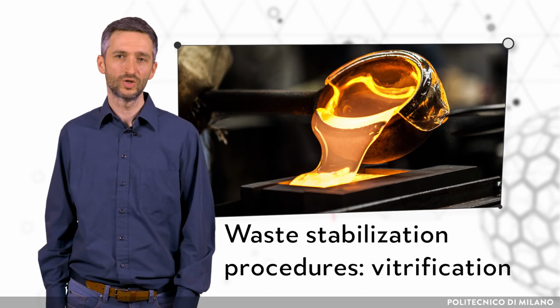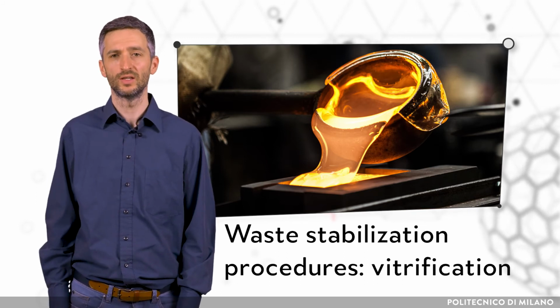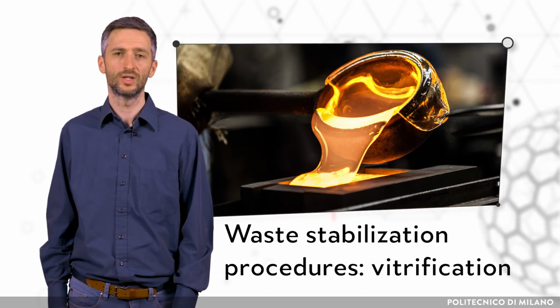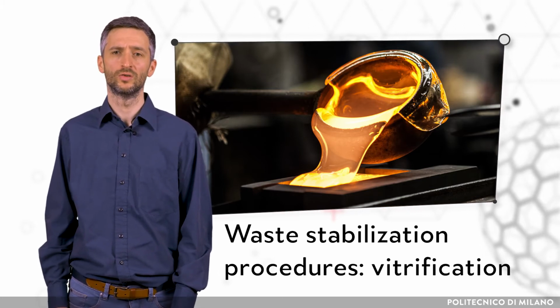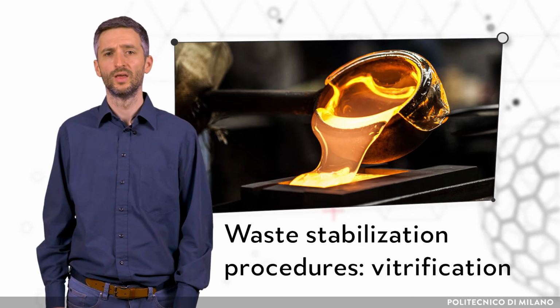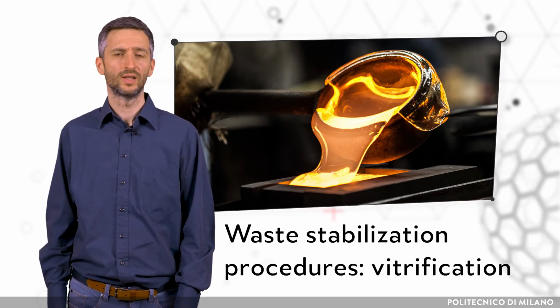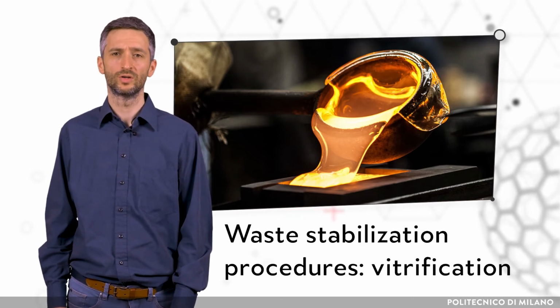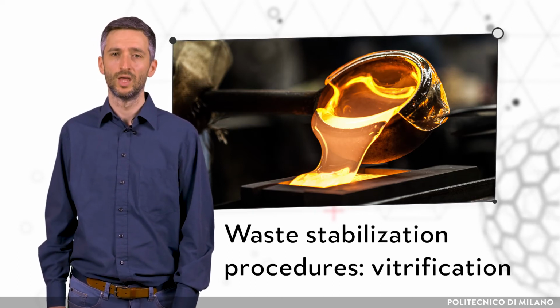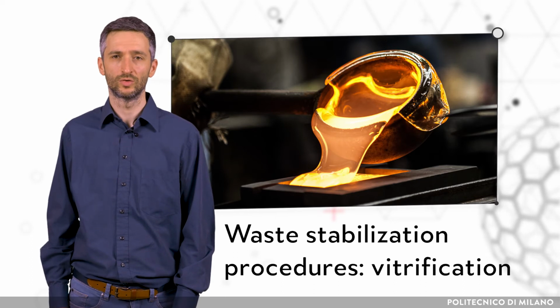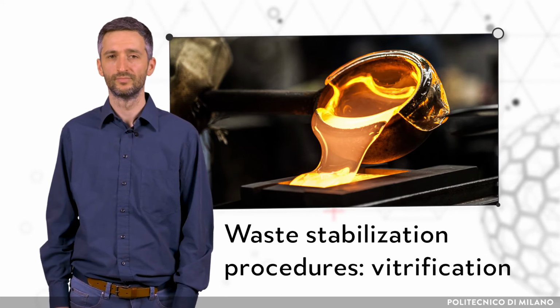In the vitrification process, glass-forming additives are mixed with concentrated liquid wastes, and the glass-forming batch is produced in the form of a paste. This is then fed into the melter, where water evaporation occurs, followed by calcination and glass melting. Melted glass is then poured into containers and cooled down.